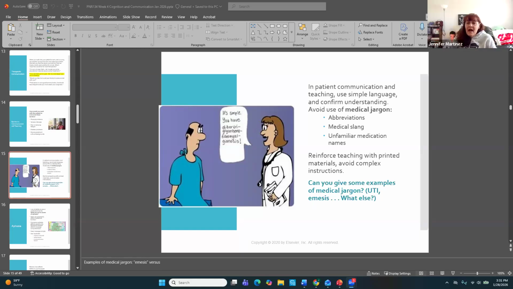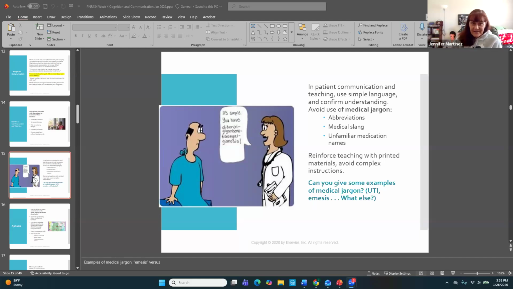So what is a myocardial infarction? Heart attack. A heart attack. Awesome. What about, I'm trying to think of some, UTI, we have CAUTIs, what else? How about intermittent claudication? There you go. So lots of big words, right?